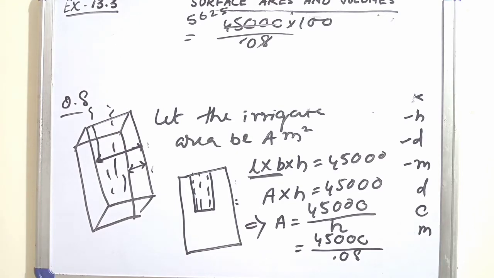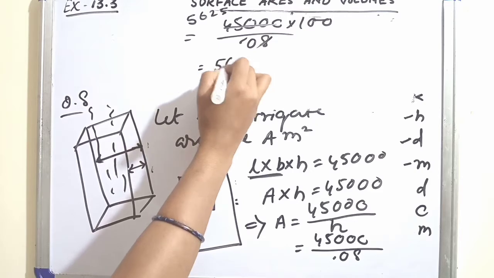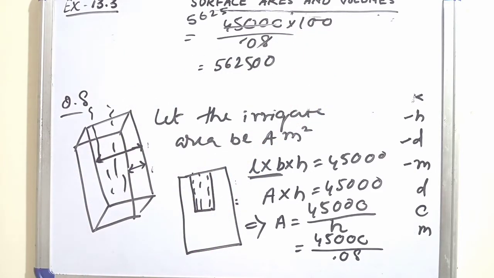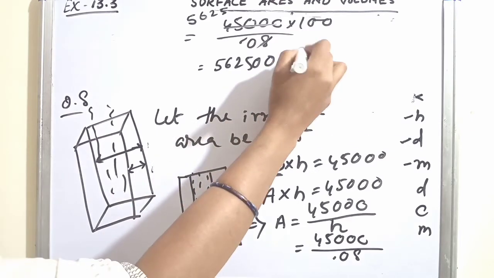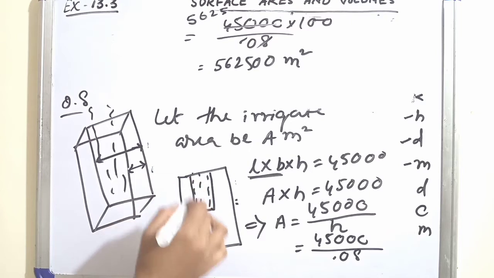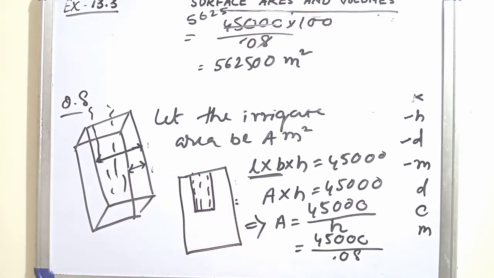That means 562500 meter square. That's the required answer. That's the area of this portion where 8 centimeter of standing water is needed.